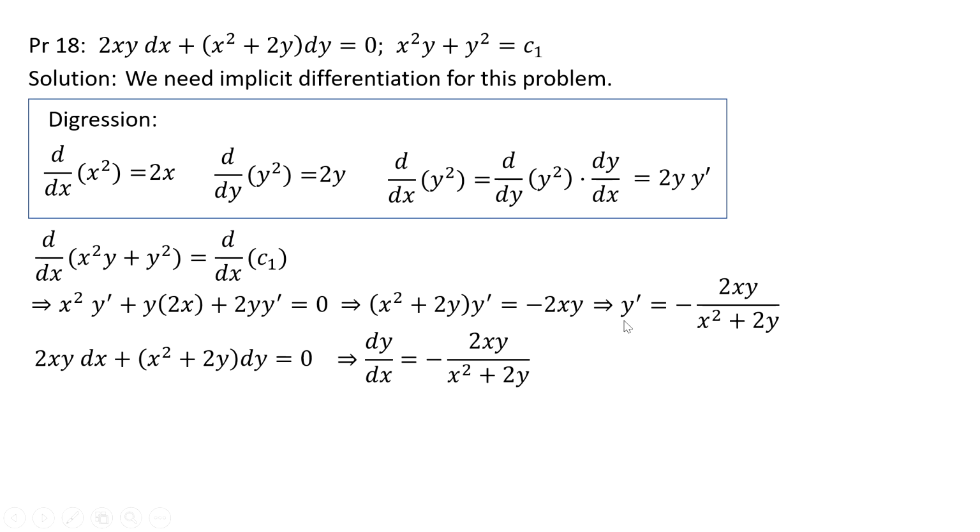And sure enough, if you plug this in, left hand side is equal to right hand side, right? Wonderful problem. And in a quiz, in a test, I am very likely to ask you a question on implicit differentiation, because I think it's a wonderful application of the stuff that we learned in Calculus 1.